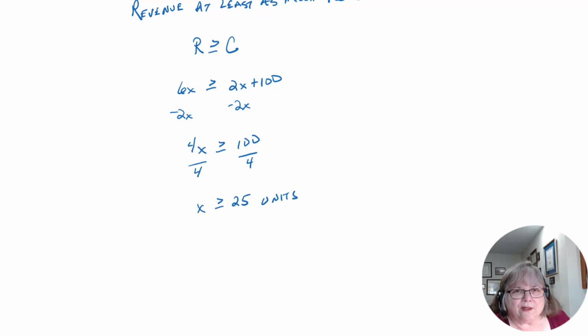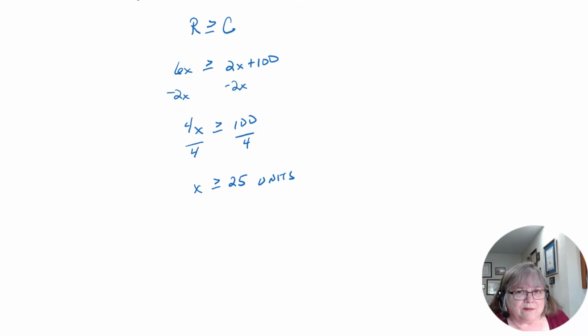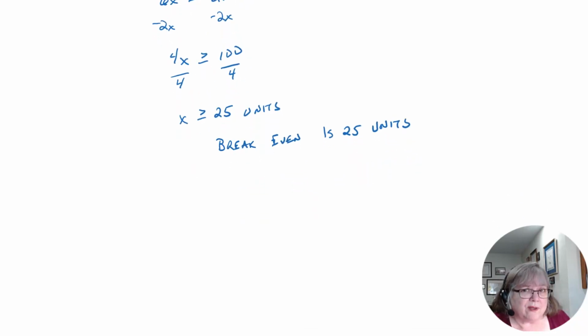For every unit that I'm going to make above that, I'm actually going to make a profit. So 25 units, I break even. So the break-even point is 25 units. I have to sell more than 25 before I start actually showing a profit.